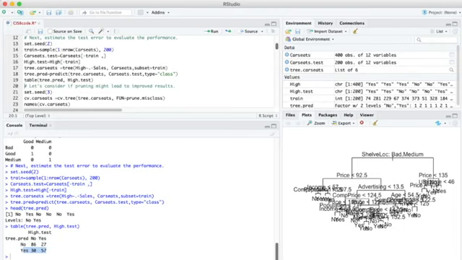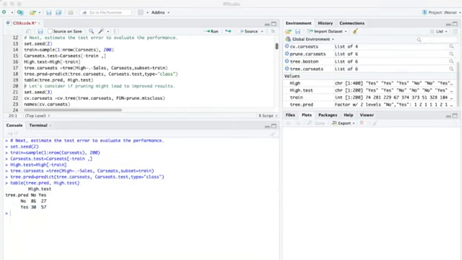So from here you can compute the misclassification rate. The prediction accuracy here is given by 86 plus 57 divided by the overall observations, which is 200. So we have 71.5% or 0.715.